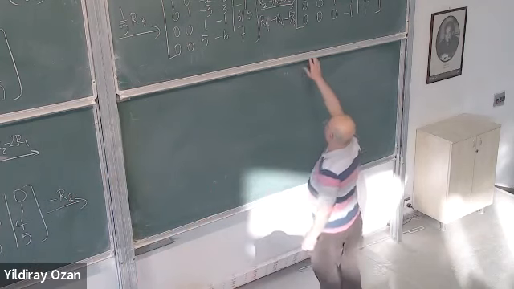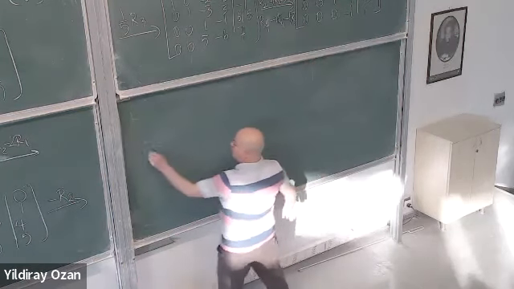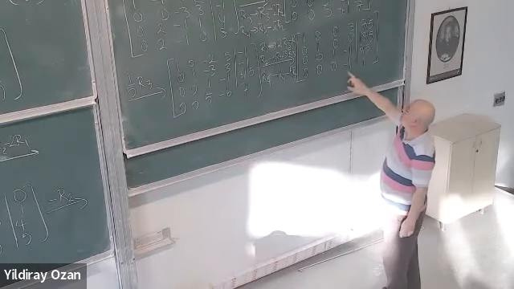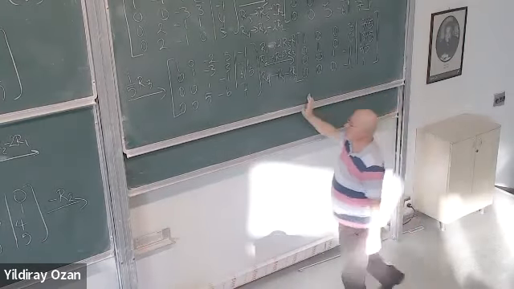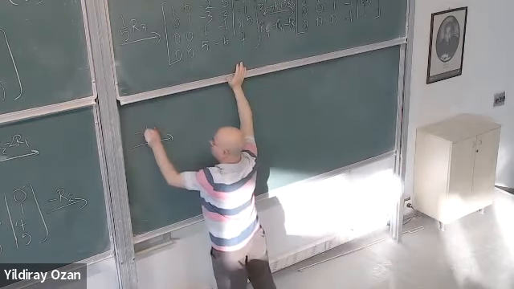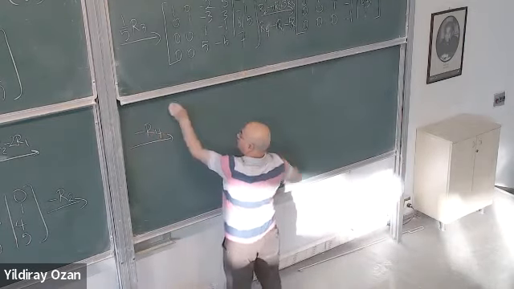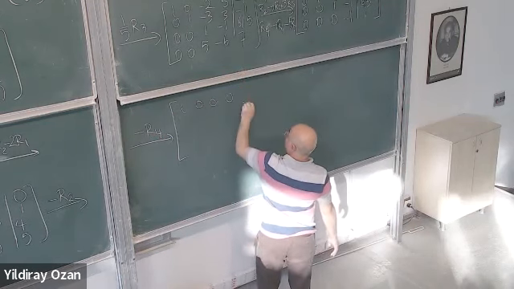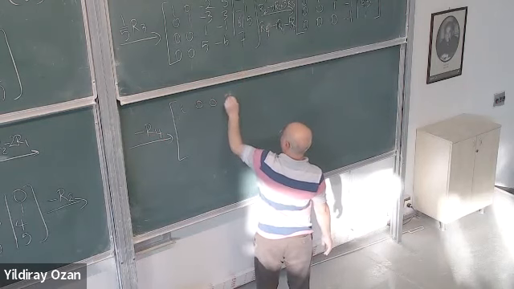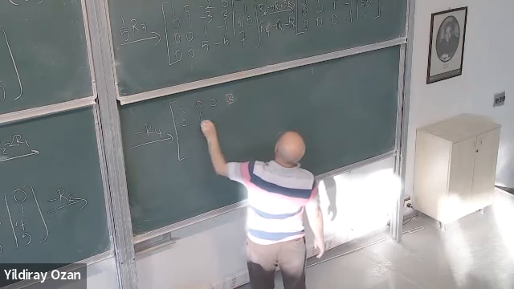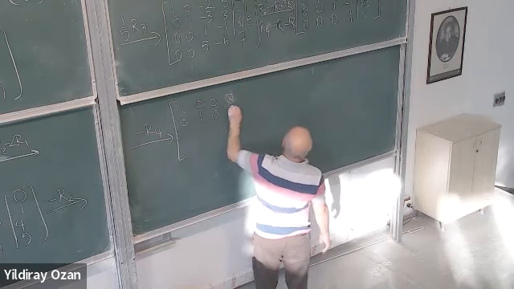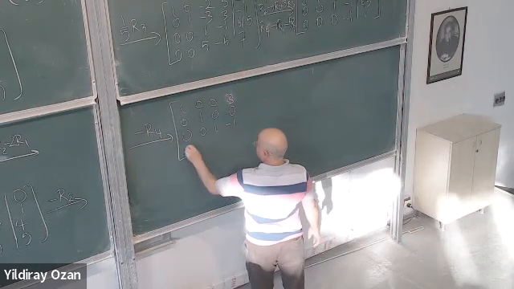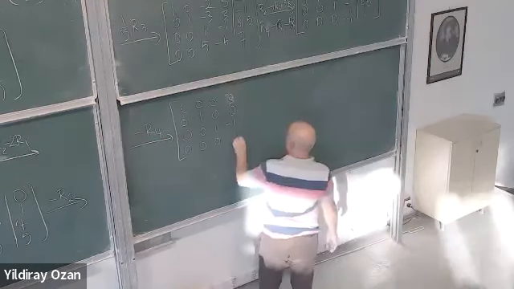Okay, now what can I do? I can multiply this by minus 1. So minus R4. So what you get is 1, 0, 0, 0, 0, 1, 0, 0, 0, 0, 1, minus 1, 0, 0, 0, 1.